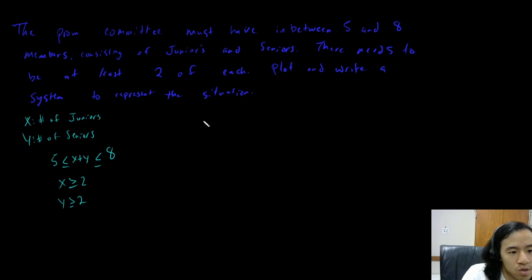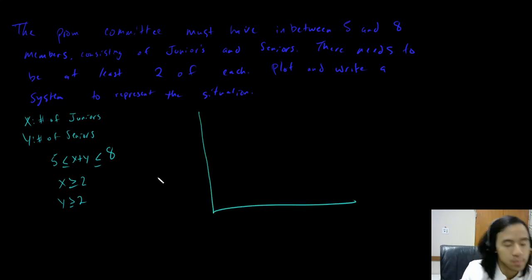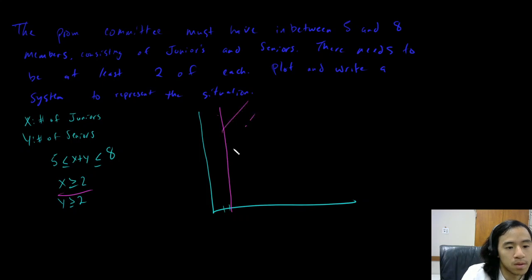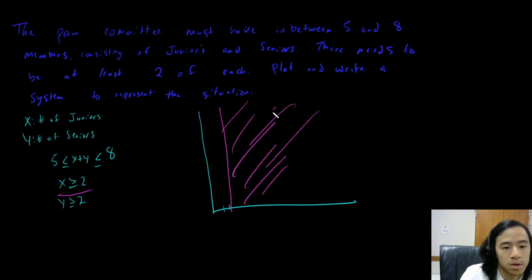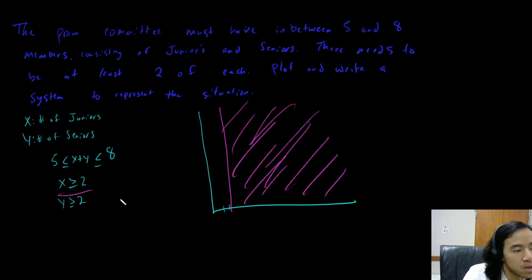Let's go ahead and just draw the first quadrant, something like this. So let's do x is greater than or equal to 2. So that'll be right here. So we're going to shade over here. Y is greater than or equal to 2.